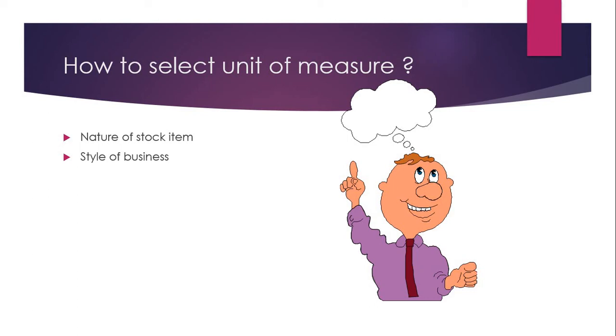Based on style of business. For example, wholesaler may use unit of measures such as tons, bags, boxes, whereas the retailer may use the unit of measures such as pieces, numbers and so on.